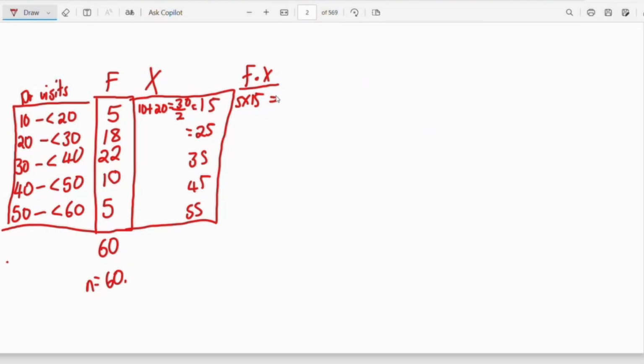Let's look at it. 5 times 15 gives you 75. 18 times 25 gives you 450. 22 times 35 is 770. 10 times 45 is 450. 5 times 55 is 275.